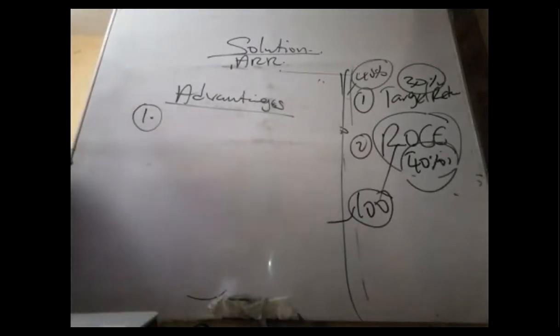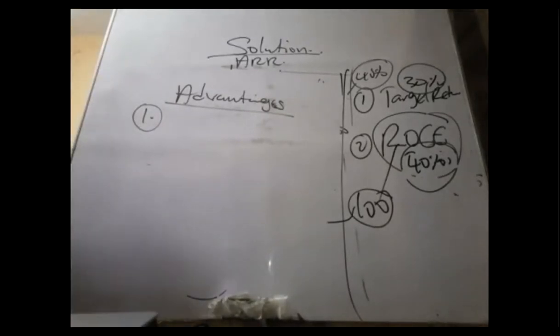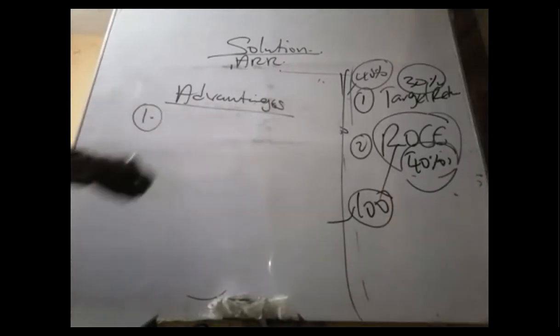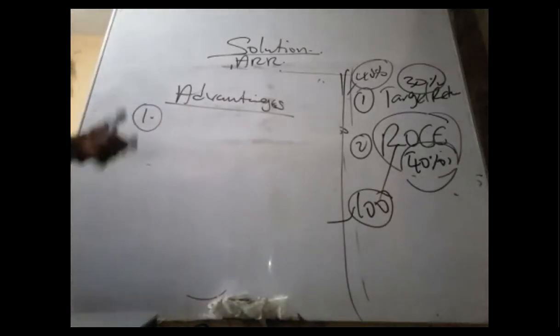Number one, tell the examiner that accounting rate of return is so simple and easy to understand because it uses what? Accounting profits. And accounting profit is so common to determine. So it's easy and simple to use and to understand because it uses accounting profit.